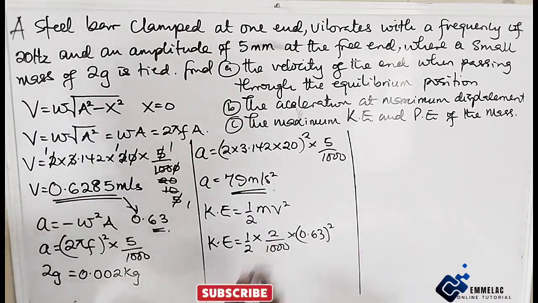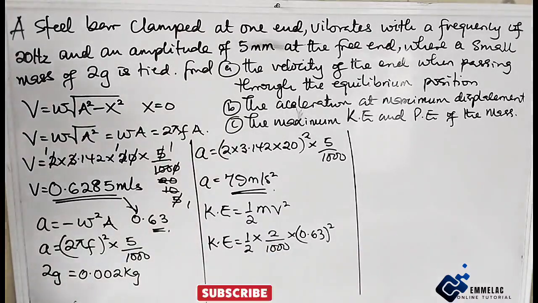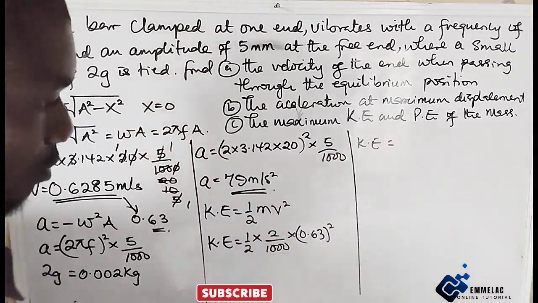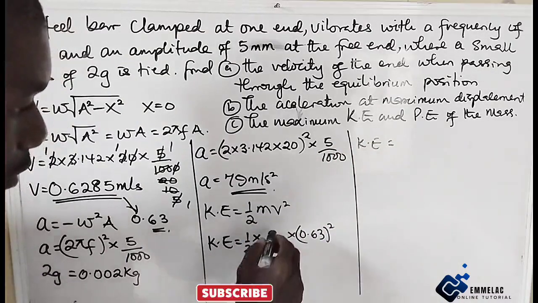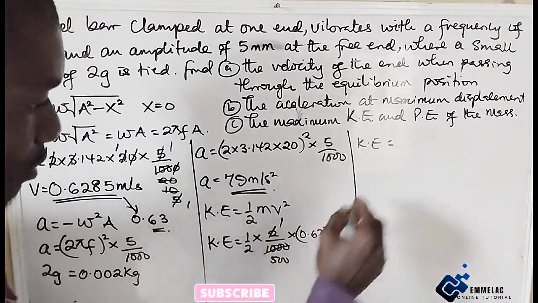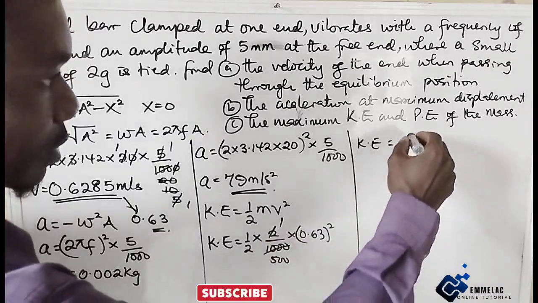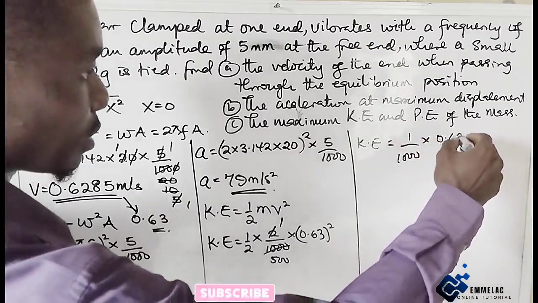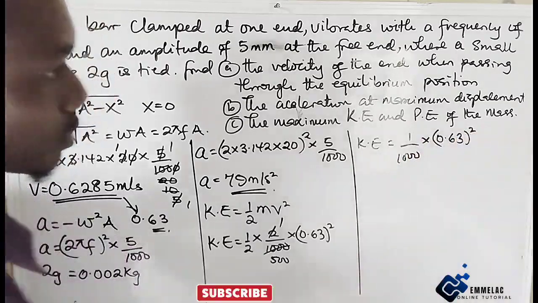So our kinetic energy, KE, this one here will be 1/1000 times 0.63 all raised to the power of 2.